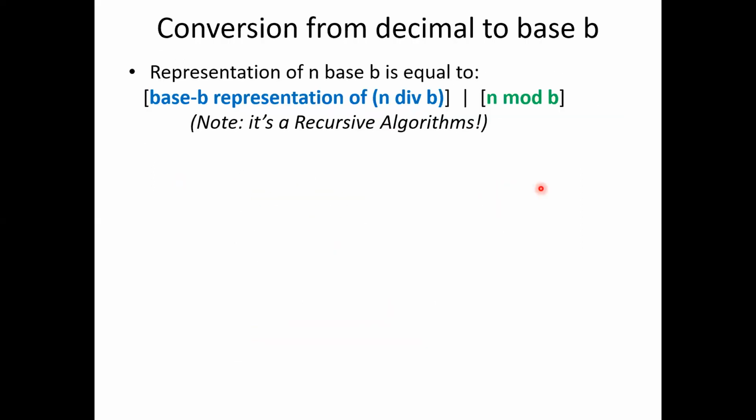You start with a decimal and you want to convert it to base B. Here's an incredibly concise recursive algorithm to convert an integer n in base 10 into its representation in base B, where B is an arbitrary base.